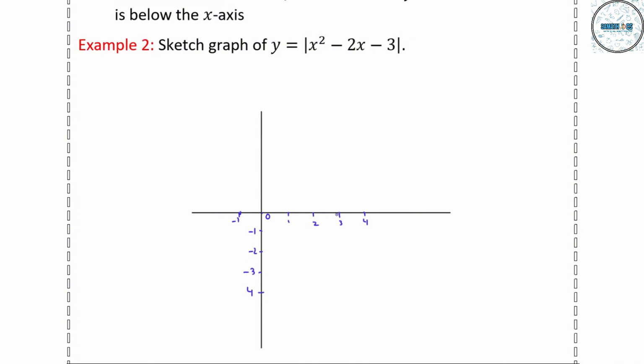Minus 1 and 3 are the x-intercepts. Minus 3 is y-intercept. 1, comma, minus 4 is the minimum. We will sketch the original graph by joining these points.